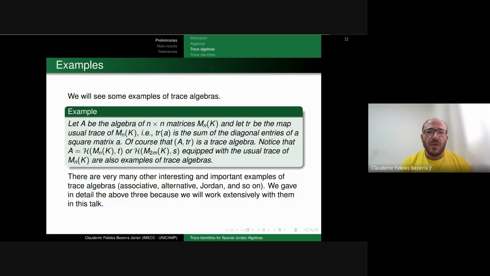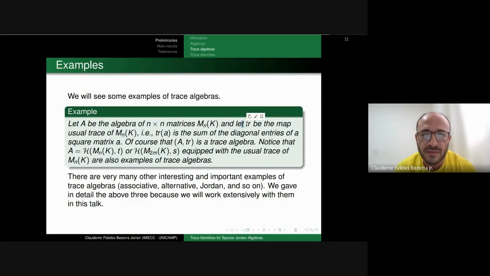I brought three examples of trace algebra here. Of course, these algebras have a relationship with matrix algebra. We consider algebra A as a matrix algebra, and we consider TR the usual trace map of the matrix algebra.